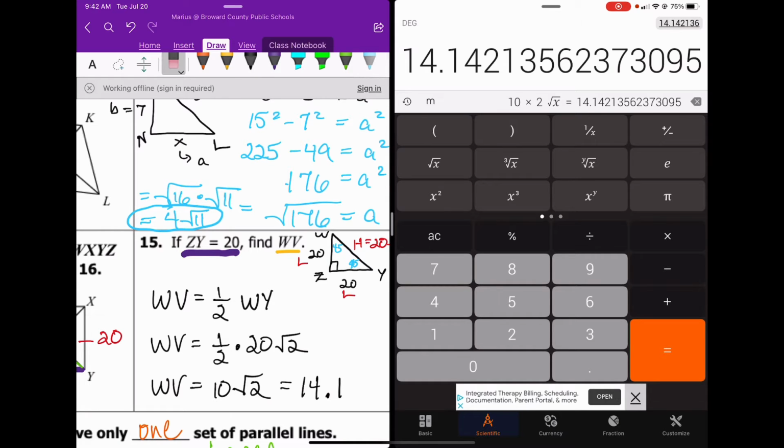So let me change my equal sign to an approximation, because there's a difference between these two answers. This is exact, and this answer here is an approximate or an estimate. If I wrote out all the decimals that were possible for this number, then yes, that would be exact.